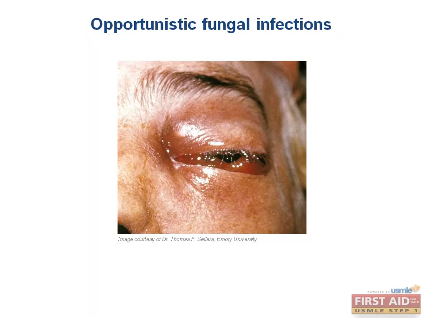And by the way, here's a picture of somebody who's got mucormycosis that's invaded the orbit. So in addition to that facial edema and maybe some anesthesia of the face and pain, they're going to have this swelling and discharge of the eye. When you see this patient and they're immunocompromised and they're having these types of symptoms, you definitely want to consider invasive fungal sinusitis caused by mucor.